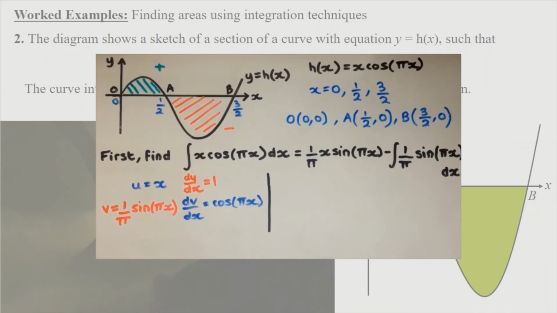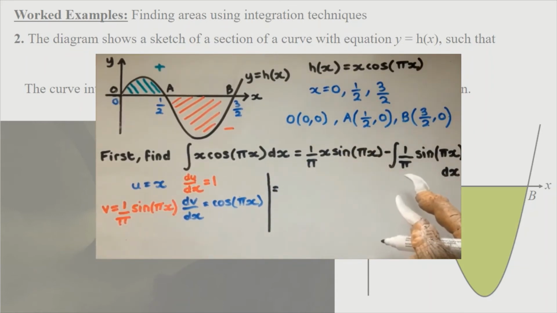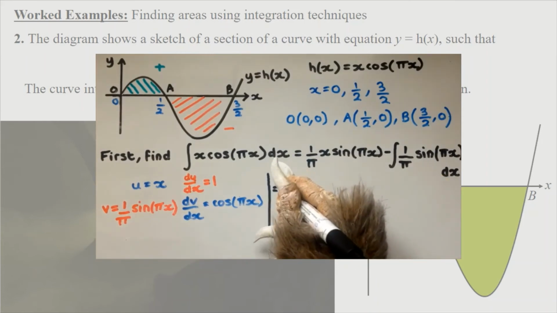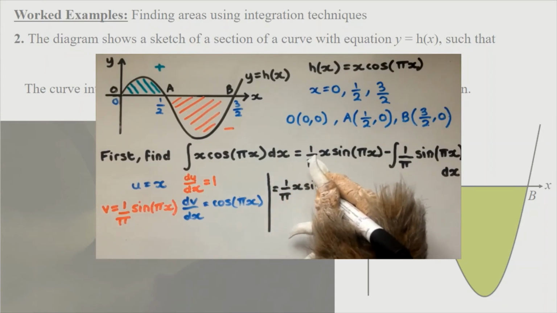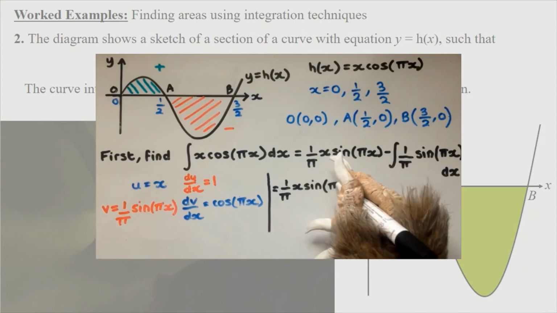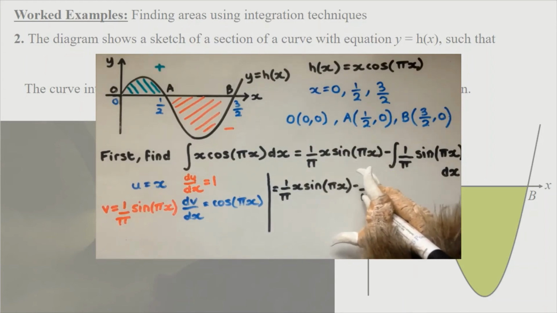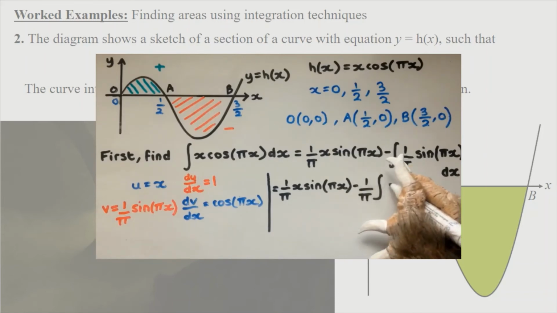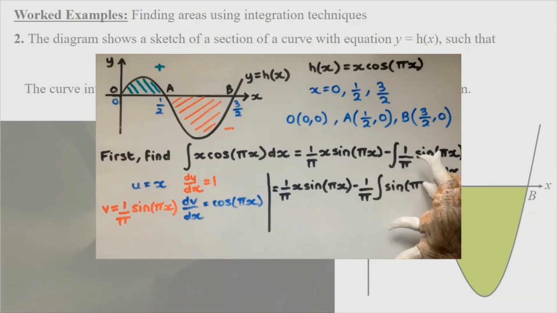Okay, let's keep going. So we have nothing much we can do with the first term here. I can bring the 1 over pi out to the front. Let's do that. So this is going to be 1 over pi x sine of pi x, subtract 1 over pi, and then I'm just going to focus on the integral of sine of pi x dx.